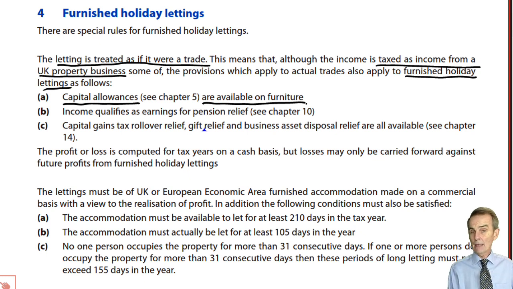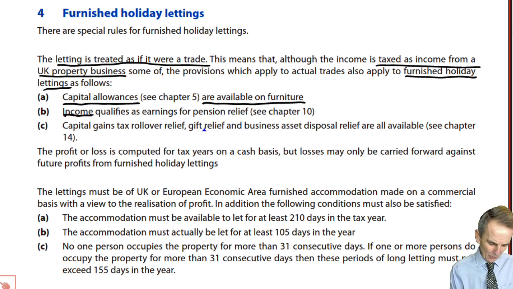And what that means, and we'll see the detail in Chapter 5, is that basically you're going to get 100% allowance on the qualifying expenditure you incur in the tax year in which you incur that expenditure. So you're going to get immediate tax relief on the full amount of cost. That is clearly better than replacement furniture relief and the restrictions that apply to it.